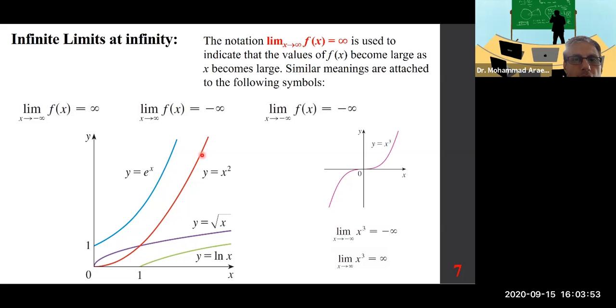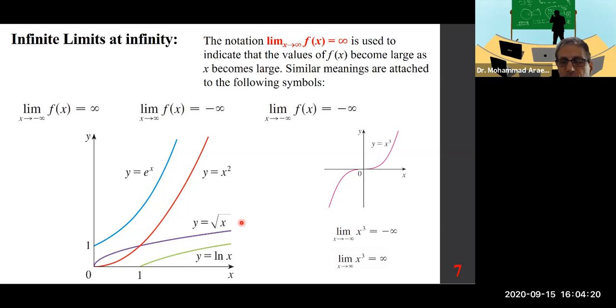Y equals x squared, take a look, it comes and goes that way, right? Y equals ln x goes that way. Y equals square root of x. All of them, when x goes to infinity, go to infinity, okay? But of course, some are faster than the others. Nevertheless, the infinite limits at infinity.